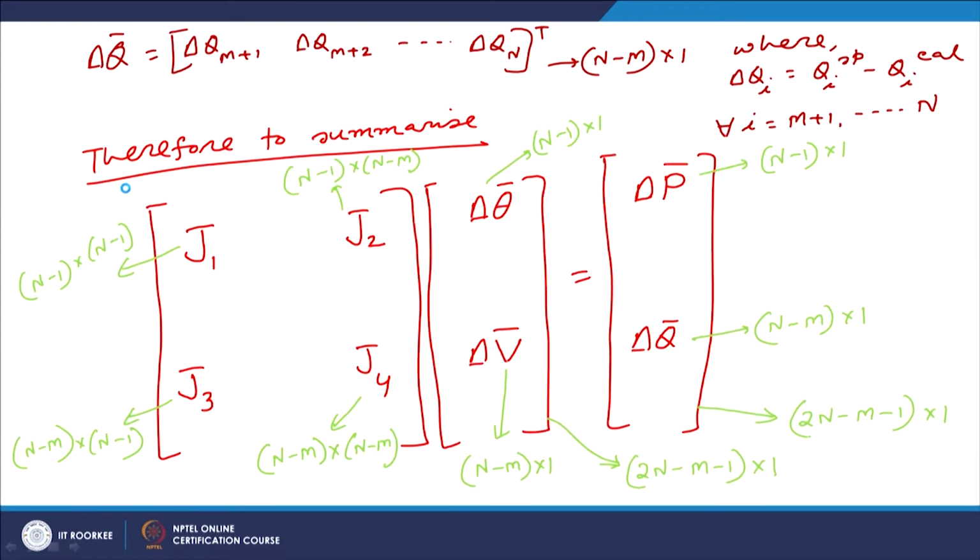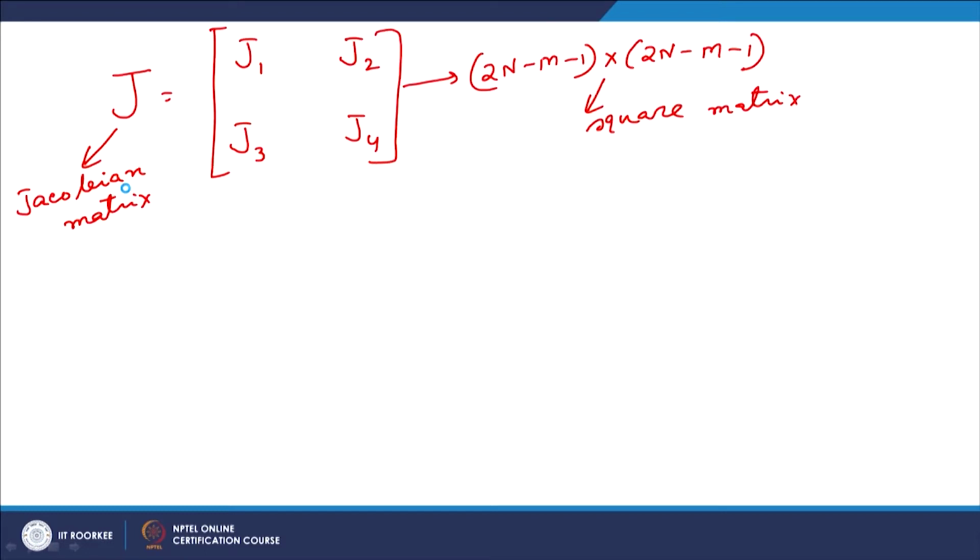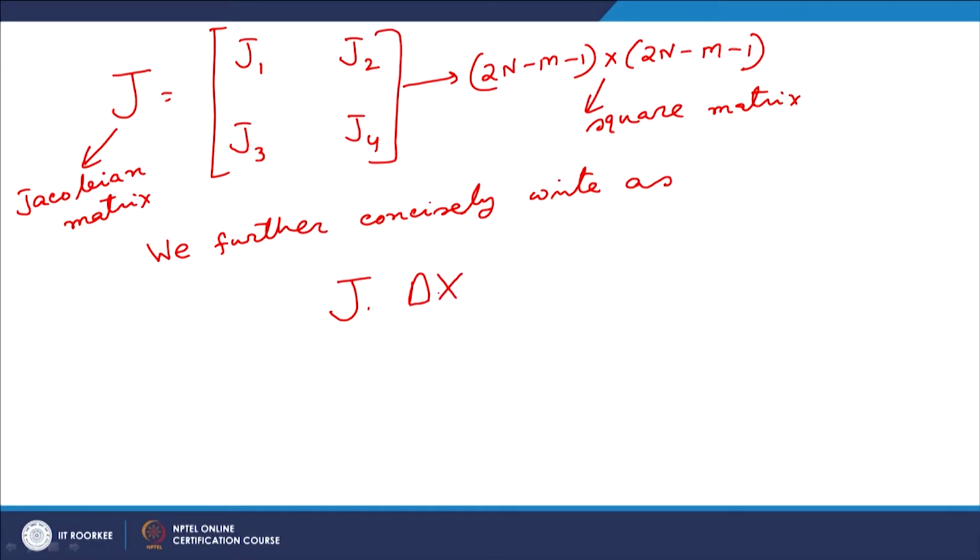Now, this big matrix equation we further write more concisely as: Jacobian matrix J into correction vector delta x is equal to mismatch vector delta m.